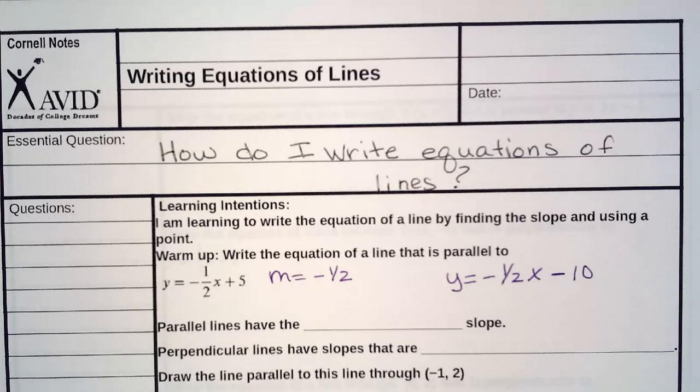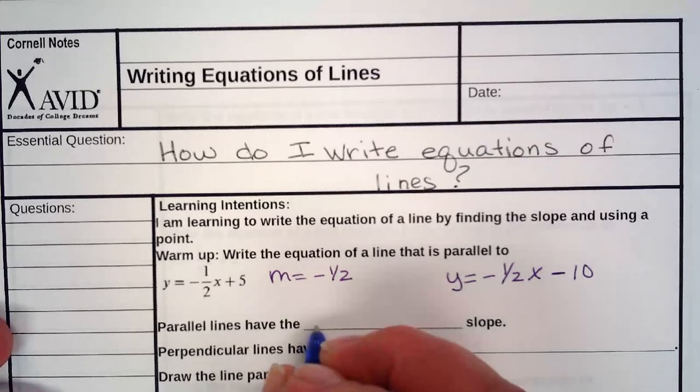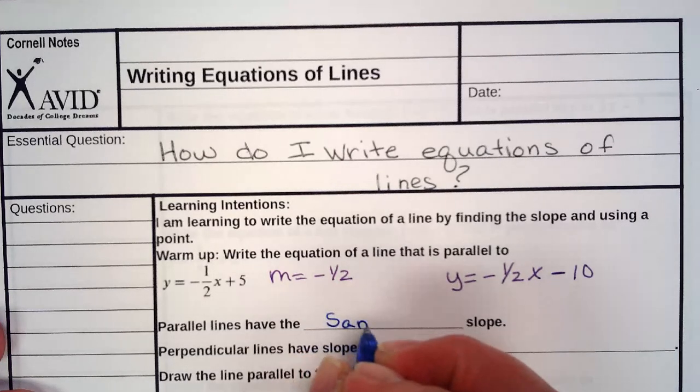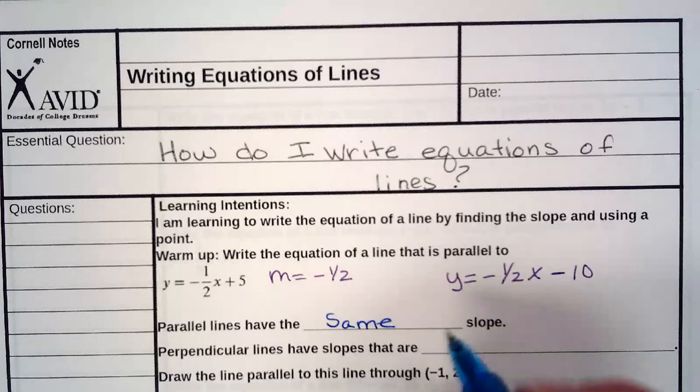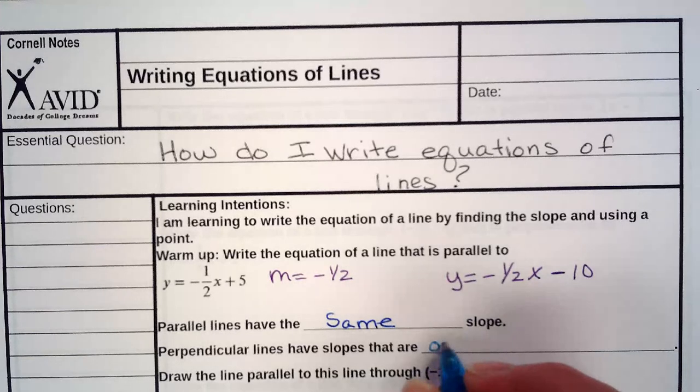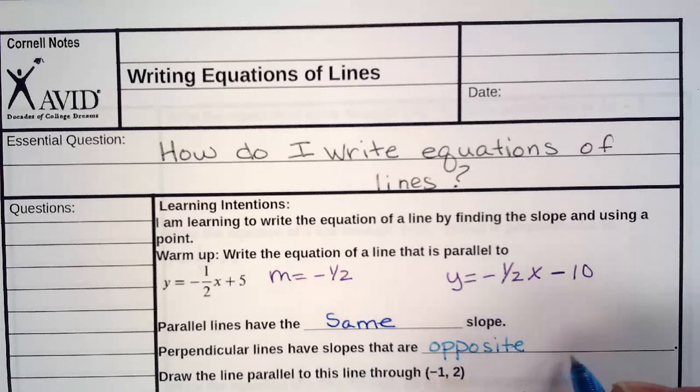So we know that parallel lines have the same slope. Perpendicular lines have slopes that are opposite reciprocals.